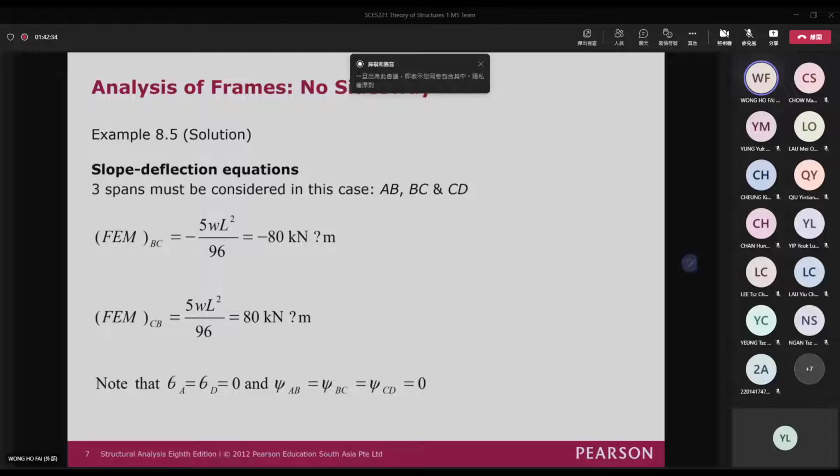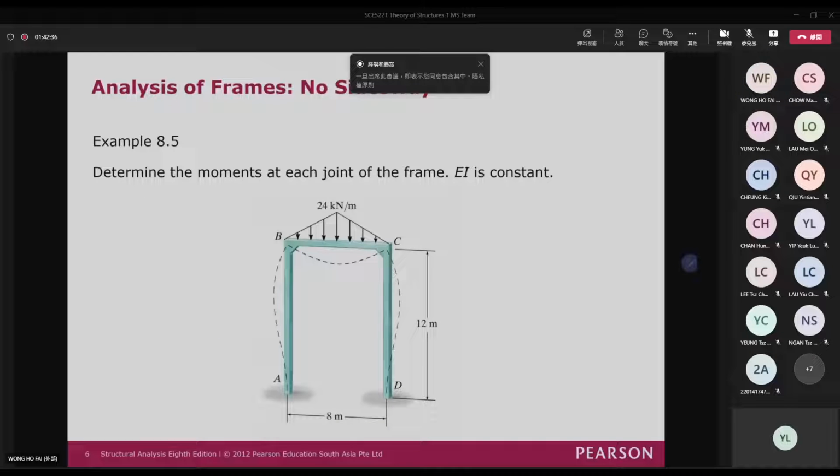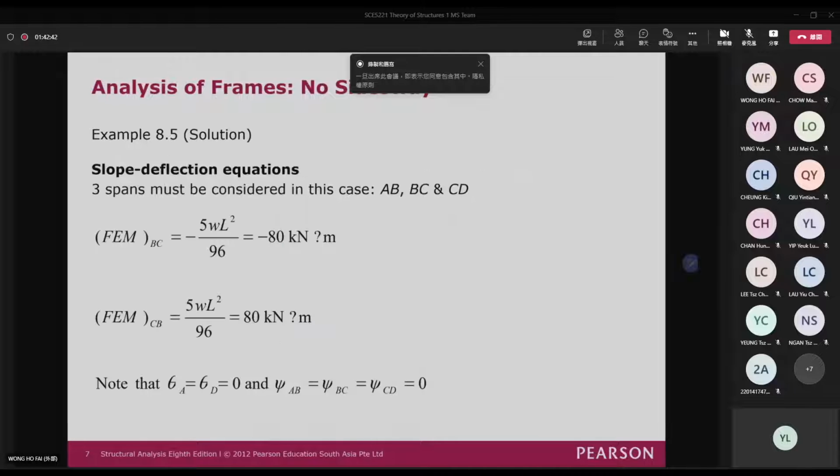As you can see, there is a triangular load at member BC, so there will be fixed end moment. Just for your information, if you have a fixed beam on both sides, and then you have a triangular load for this arrangement, say you have W here, then you will have fixed end moment on both sides.